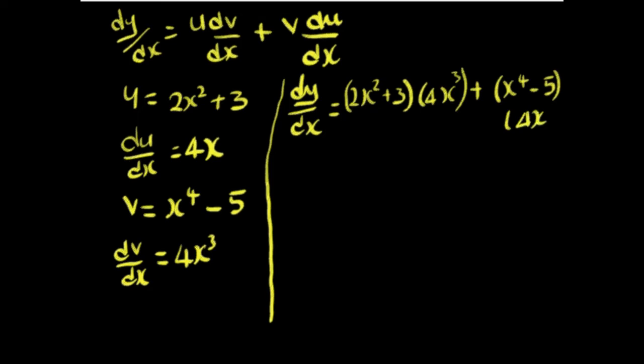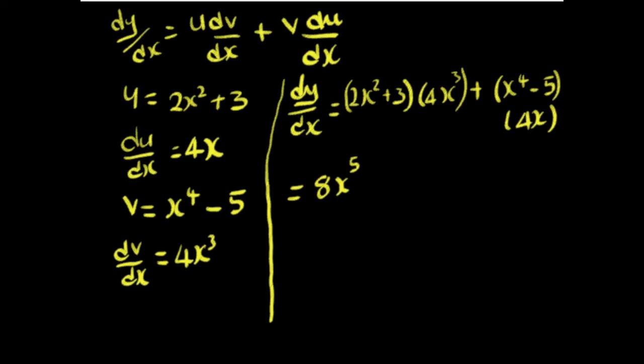That was what we had when we differentiated u. Beautiful. Now let's open this bracket and get our final answer. So 4x cubed, now multiply this by the 2x squared we have here, that will give us 8, x raised to the power 2 times x to the power 3 will give me x raised to the power 5.